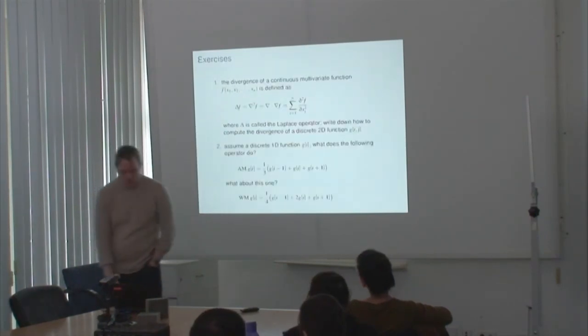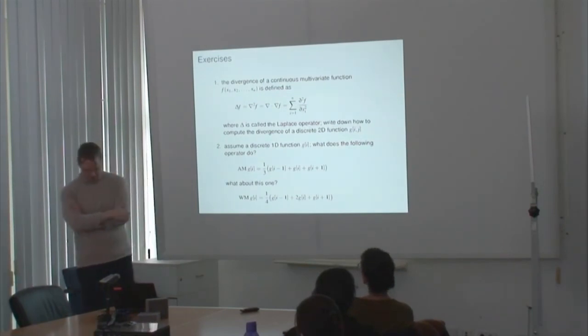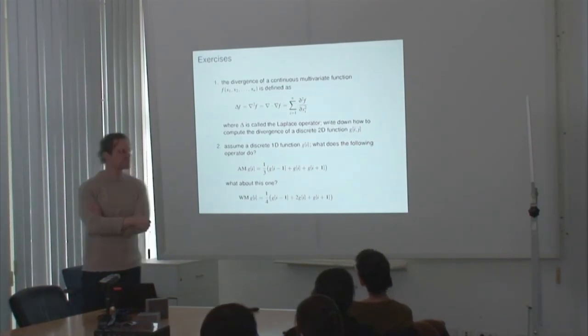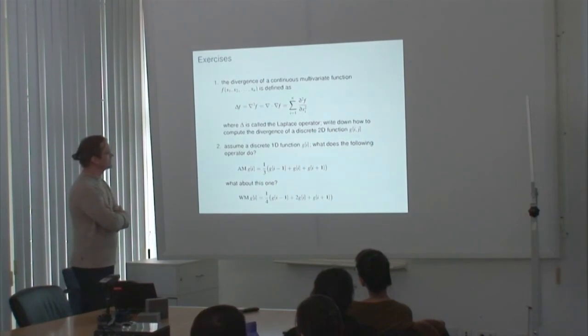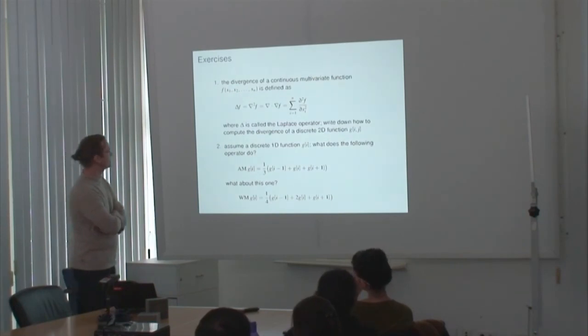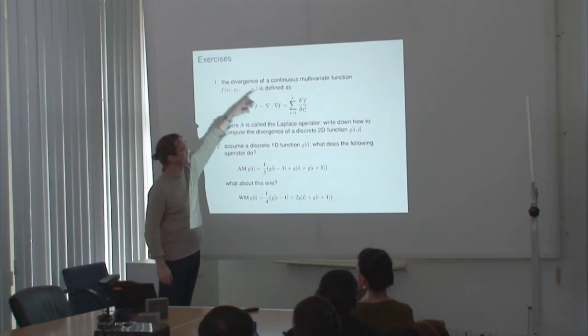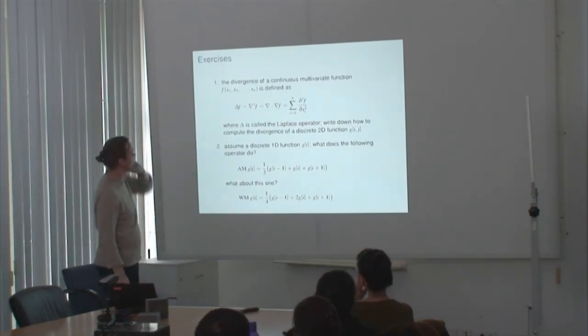For those of you who want to dig deeper, try to work with what we just learned. Think about this. First exercise refers to the notion of the divergence of a continuous multivariate function.